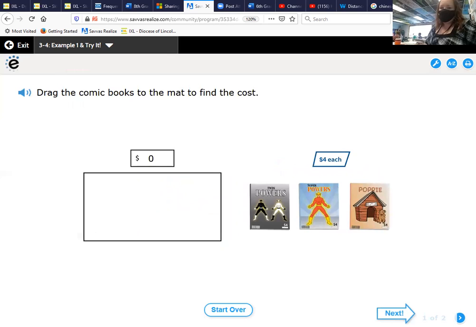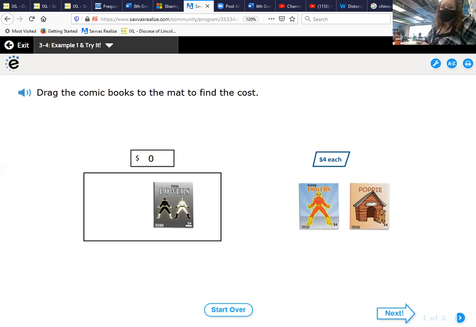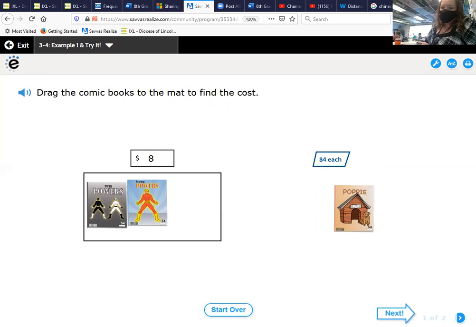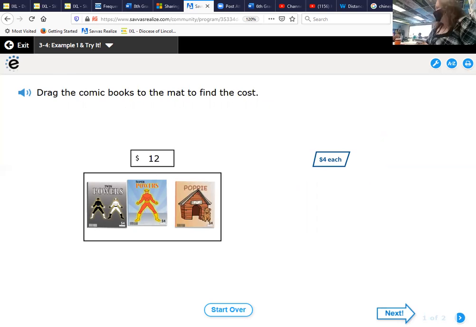Okay, so here we've got some cool comic books about some twins, some superpowers, and Poppy the dog, or Poppy the pup. So if we buy this Twin Powers comic book, how much are we gonna spend? $4, right? If I buy the Superpowers book, I spend $8. And if I buy Poppy the pup, it will be $12. That's not hard to calculate.